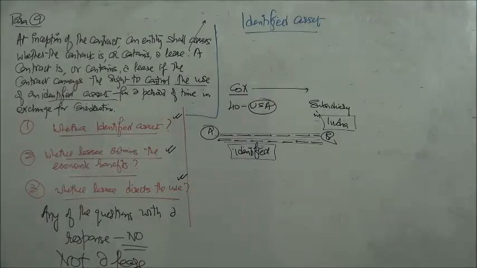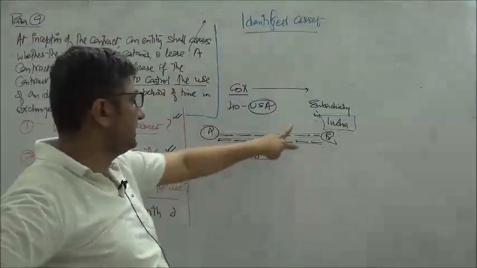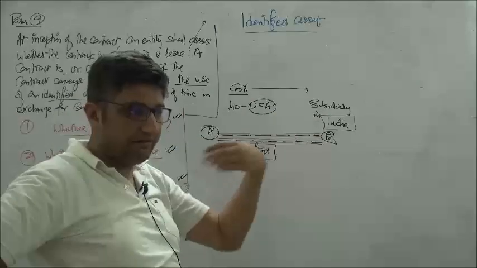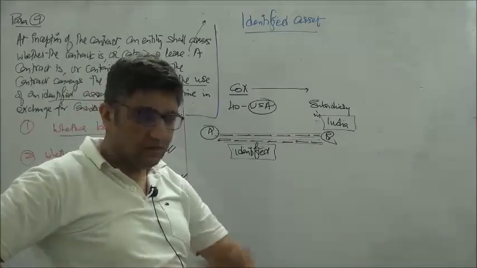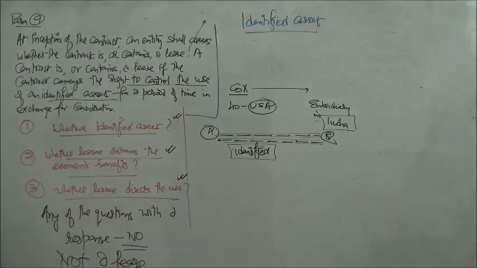Now here we say that if the owner wants to replace these cables, it may only do that when there's a need for a repair, not the other way around. We simply say it becomes quite an example of an identified asset.